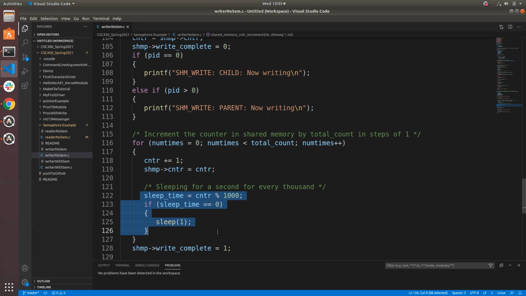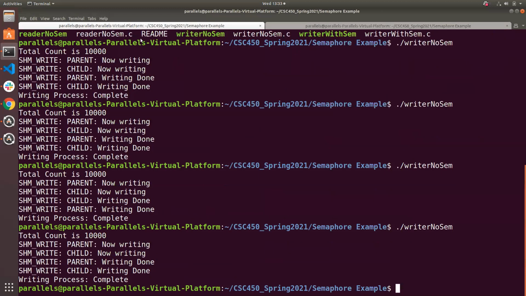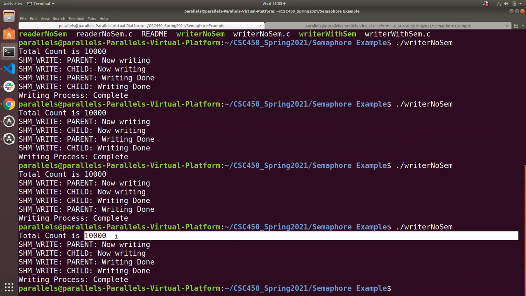So we're creating probably a guarantee of these guys having numbers that are not sequential, because we're not protecting that central resource, even though we are guaranteed that the last value on the right is always going to be 10,000, because both of those loops go to 10,000.